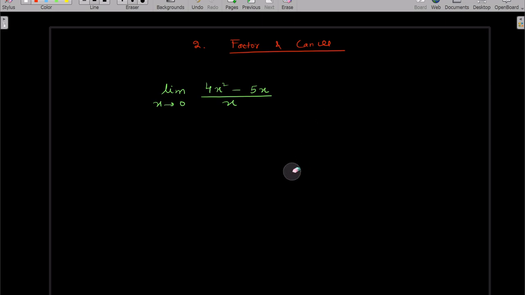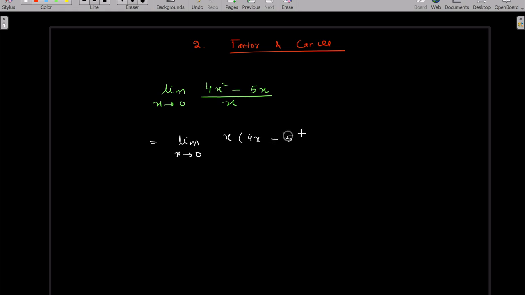Yes, in this problem we can use factorization because in the numerator we can factor out x. Factor out x, then what will you get? (4x minus 5).